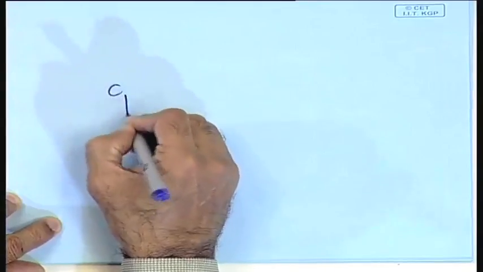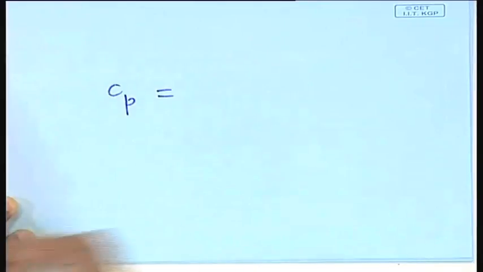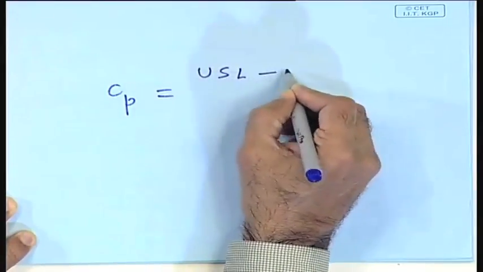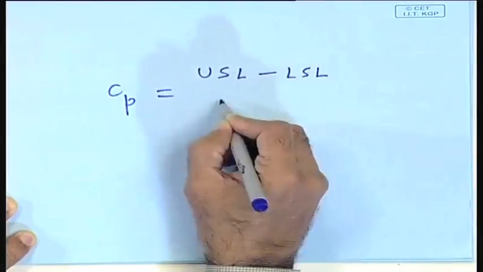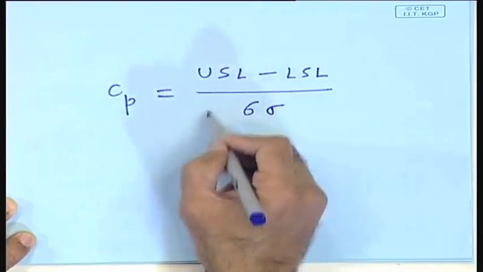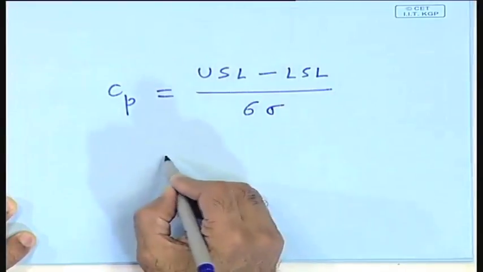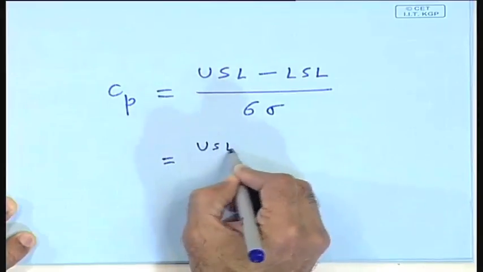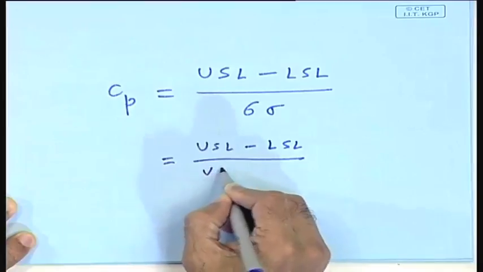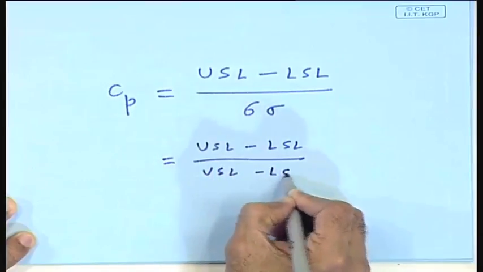If I write the formula there, I have CP equal to upper spec limit minus lower spec limit divided by 6 sigma. And suppose this 6 sigma was exactly equal to this, then I'll end up with upper spec limit minus lower spec limit divided by upper spec limit minus lower spec limit.